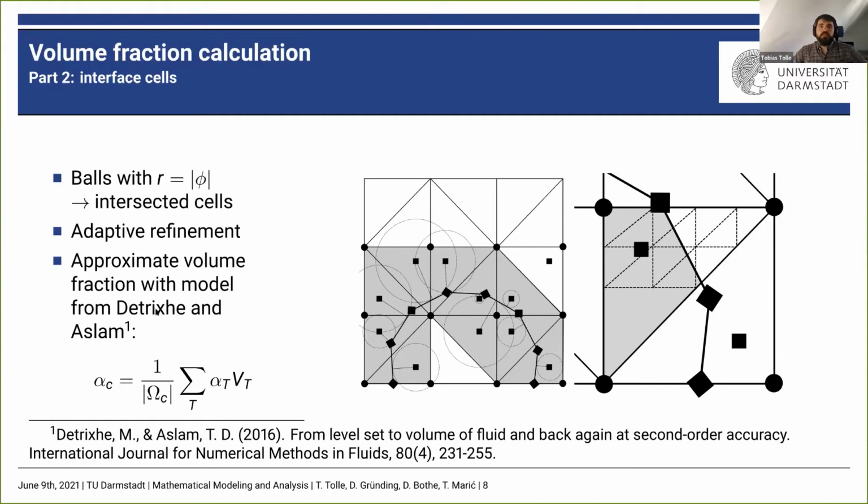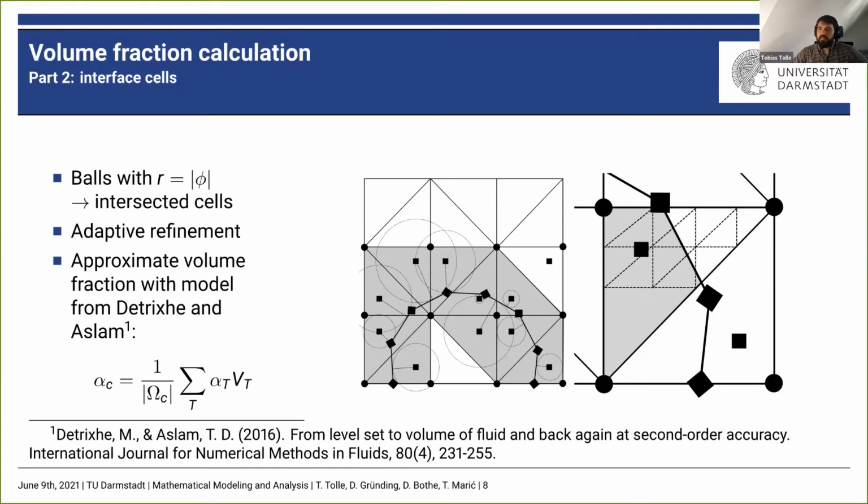And then we use a model proposed by Detrixhe and Aslam, which gives us the volume fraction from the signed distances at a tetrahedron. So we can compute the gray area in the tetrahedra, sum this up, divide by the cell volume, and we get a volume fraction in the cell. So that's the algorithm.